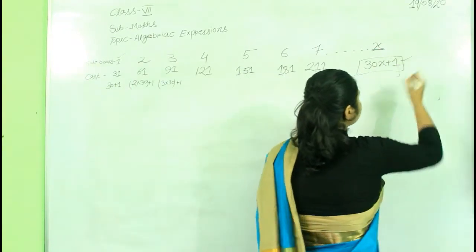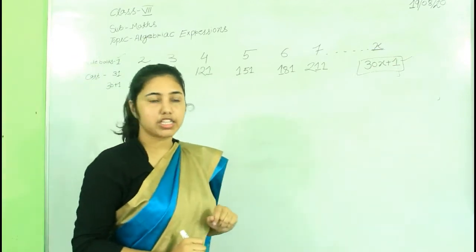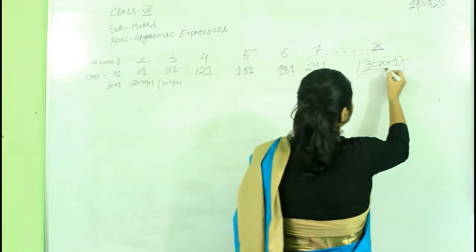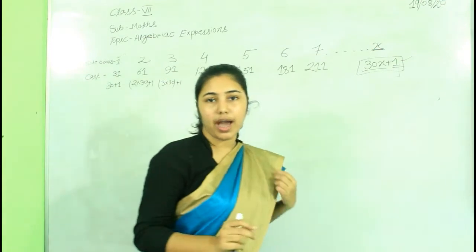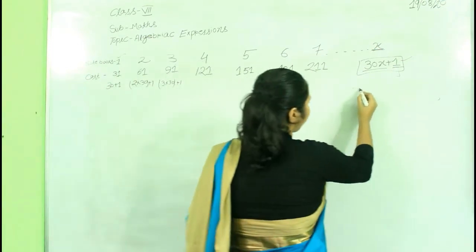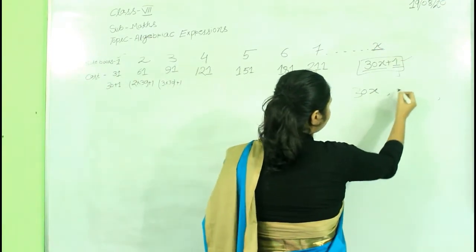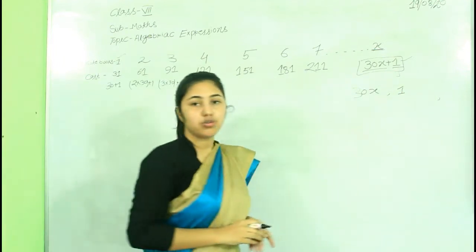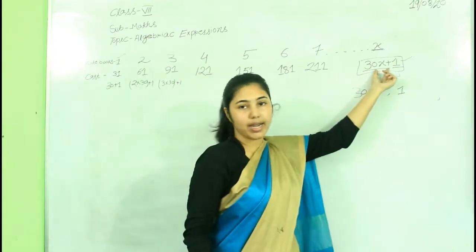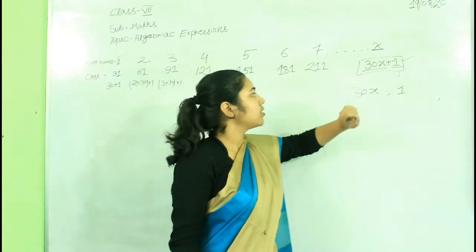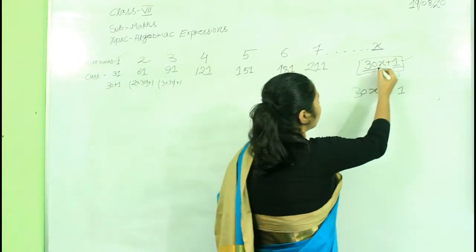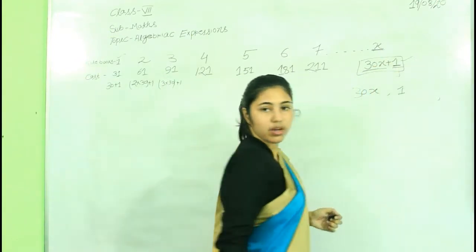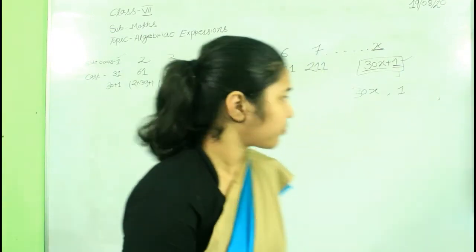Here, this is also an algebraic expression. But in this expression, we have two terms. First one is 30X and second one is 1. Here, the variable is X, but the constants are 30 and 1. Okay?